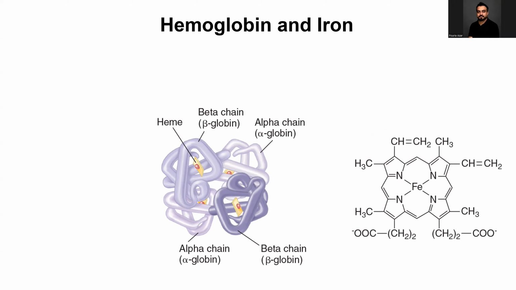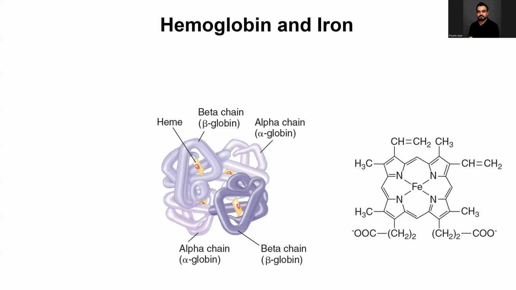We have alpha chains and beta chains. Each of those chains includes a molecule called heme. At the center of the heme, we have iron atoms, and those iron atoms link to oxygen.